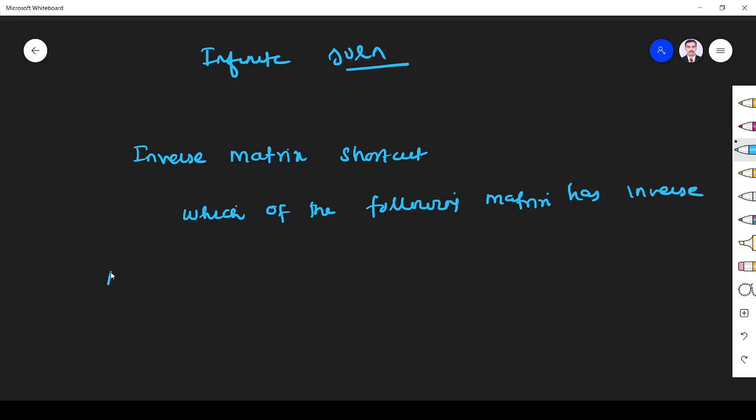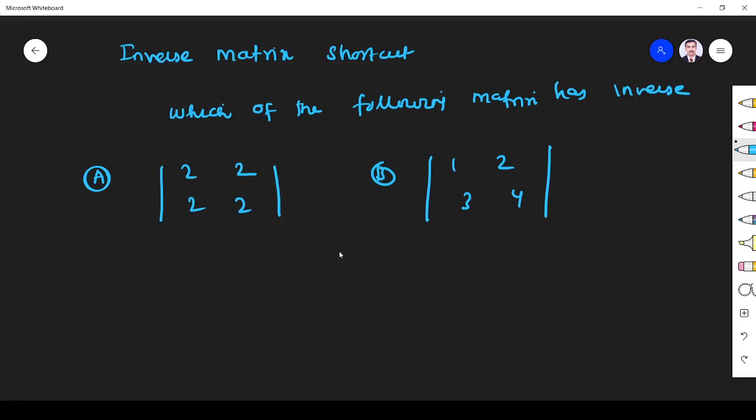Let us assume they gave options like this: A is 2, 2, 2, 2. B is 1, 2, 3, 4. C is 2, 6, 1, 3. D is 2, 4, 4, 8. So I have to find it.